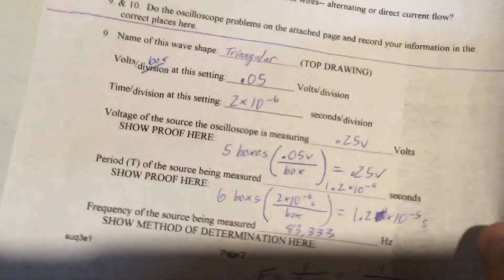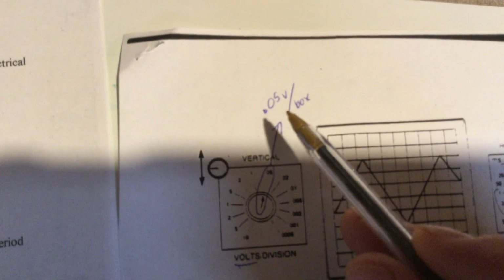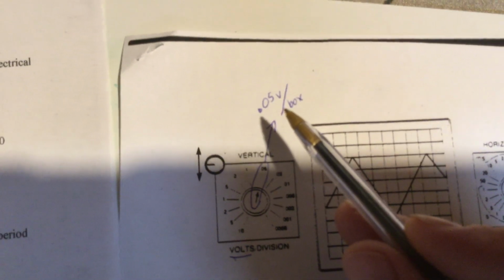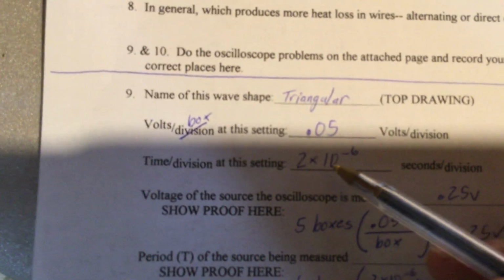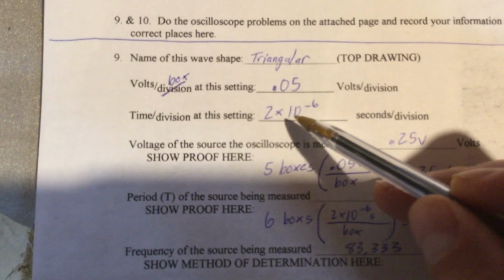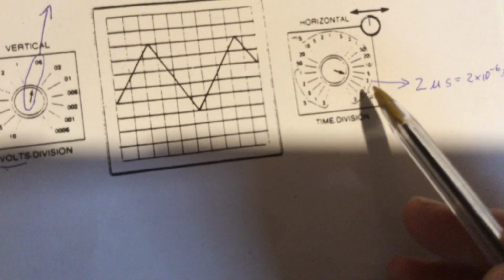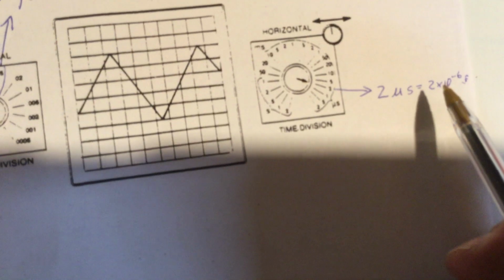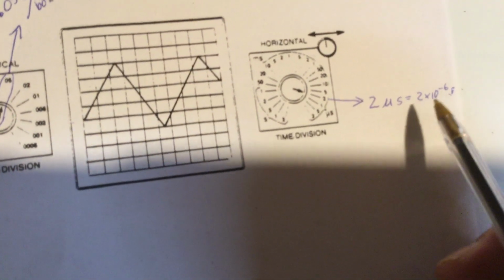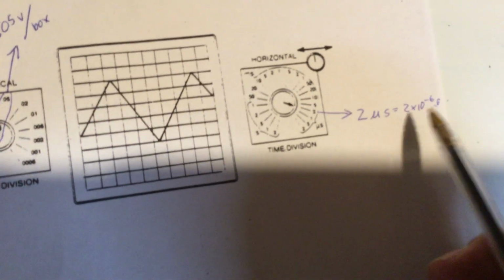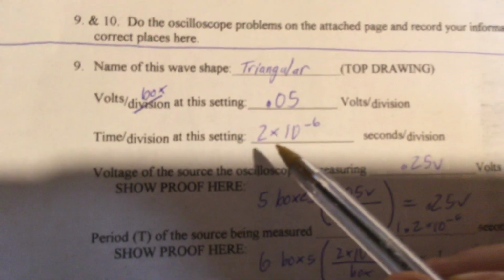And we found a moment ago, by looking at the left knob, that it was 0.05. Okay, good. So we fill that in here. How much time per division do we have? And we can see that, according to the right knob, each box is worth 2 times 10 to the negative 6, or 0.000002 seconds. So we fill that in right here.